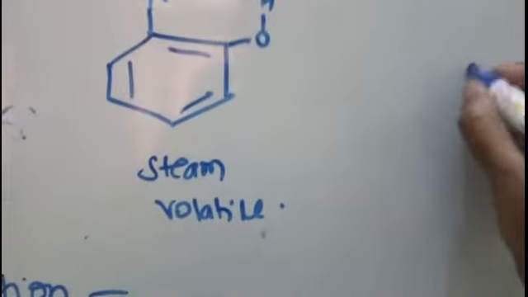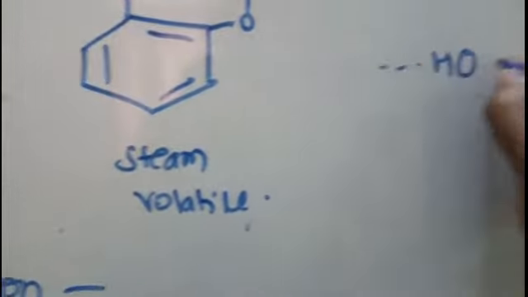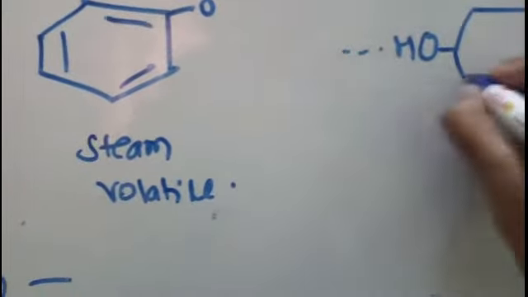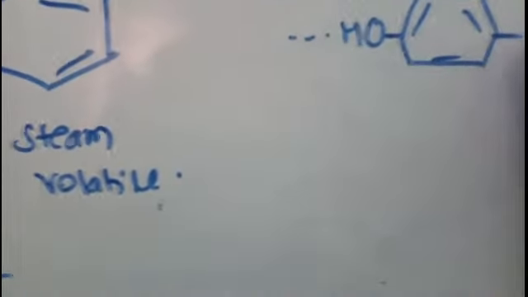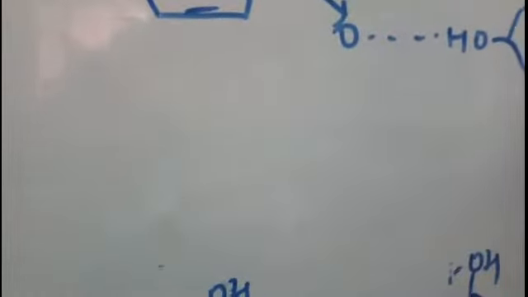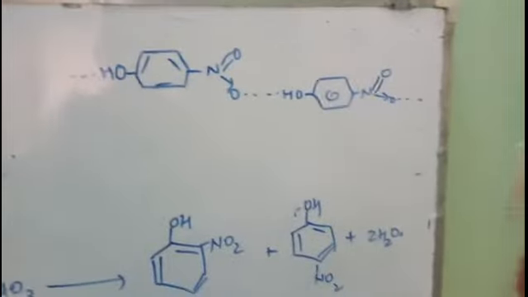Whereas in the case of para-nitrophenol, we have intermolecular hydrogen bonding.